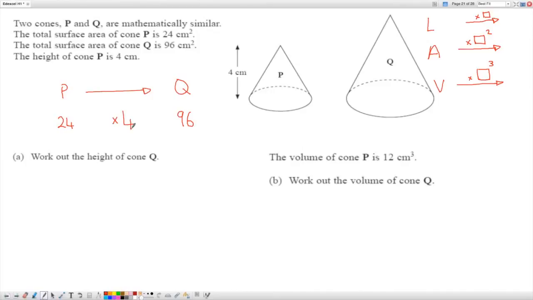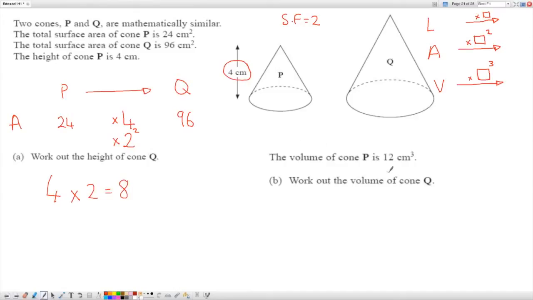The surface area of Q is 4 times bigger than the surface area of P. This is area. So if it's times 4, remember this is squared, so square root 4. So we're actually multiplying by 2 squared. So our scale factor is equal to 2, which means for our height, when we are talking about just a length, we do 4 times 2, which is 8.